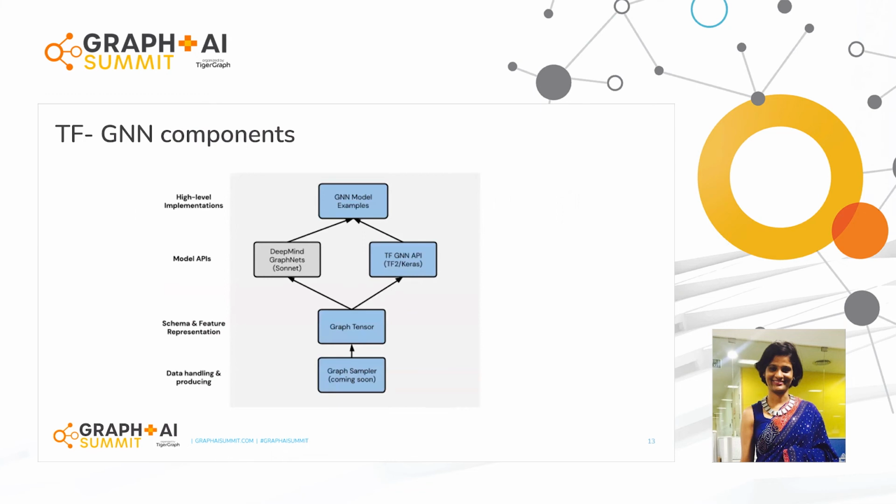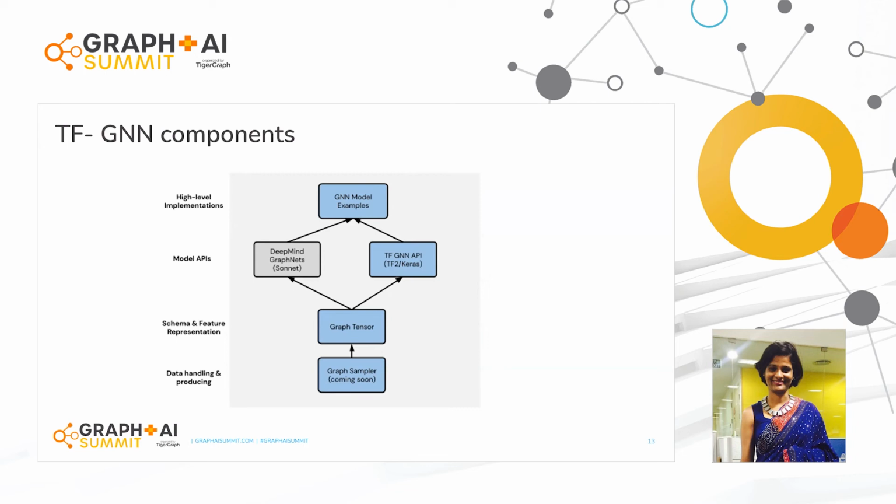And this is an architectural diagram for TF-GNN components. We have a graph sampler, which is coming up soon, which is a data handling pipeline. Then there's a data structure for graphs, which is graph tensor. This data structure is used by both APIs, DeepMind GraphNets, and it's also used by the TF-GNN API.